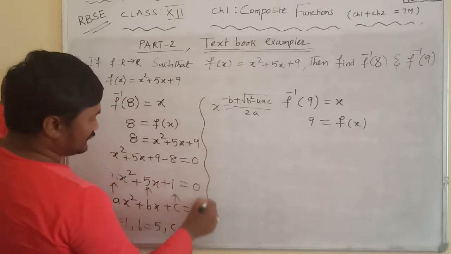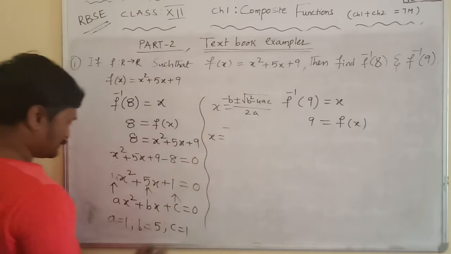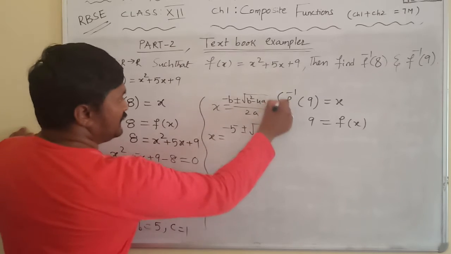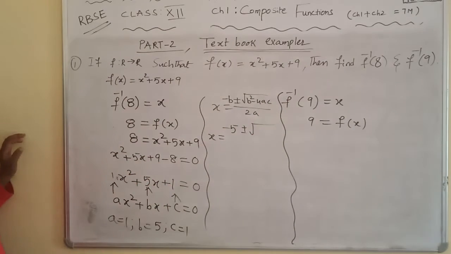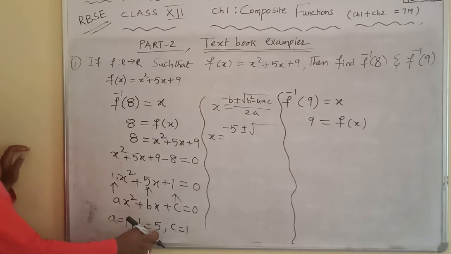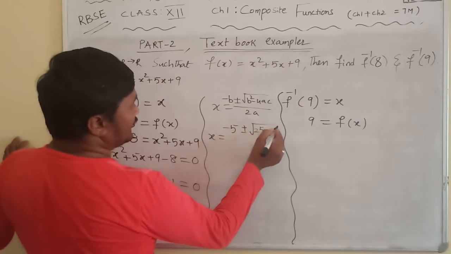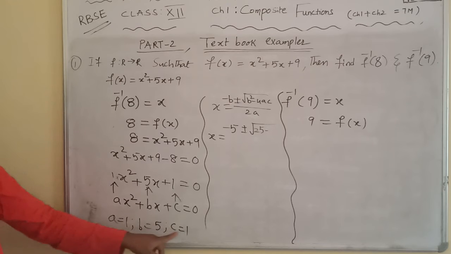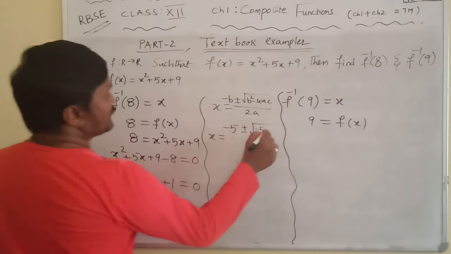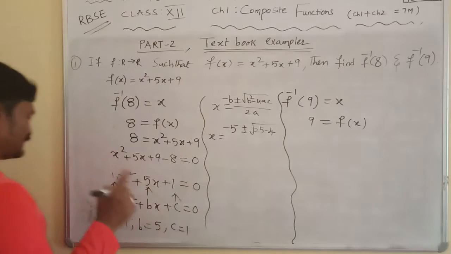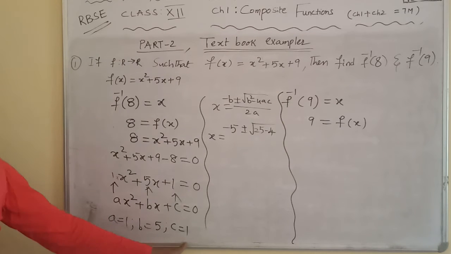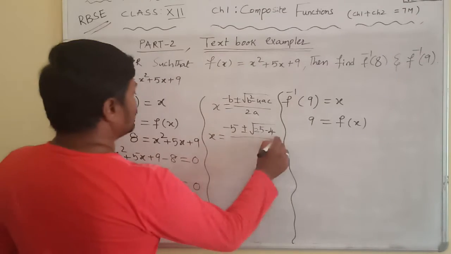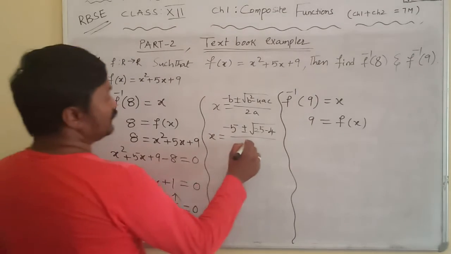So what can I write here? x is equal to minus b, b is nothing but 5, so minus 5 plus or minus square root of b square minus 4ac. b square means 5 square is nothing but 25 minus 4 into a into c. 4 into 1 into 1 you get as 4, upon 2 into a. 2 into a is nothing but 2 into 1, 2.